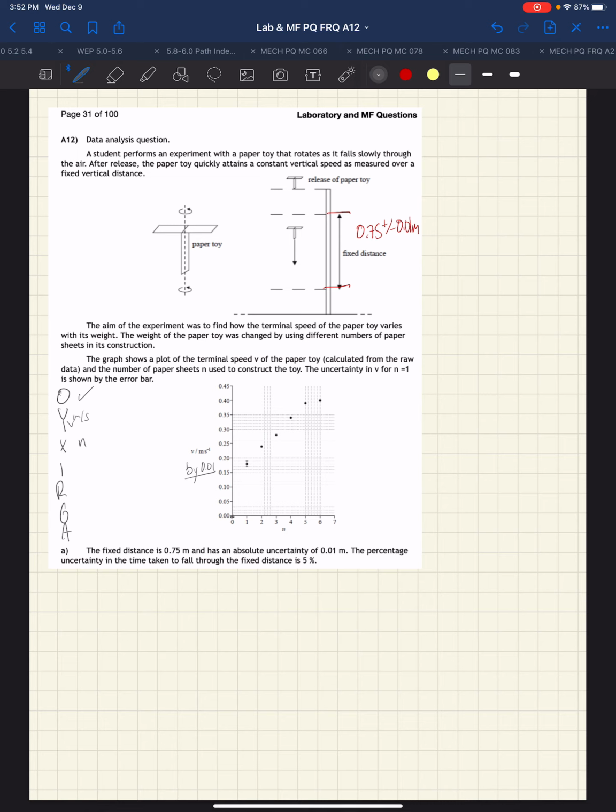The intercepts, if we were to draw a best fit line through these points, we might have a y-intercept of about 0.13 meters per second. And that is when n is 0. That means no paper will have a terminal velocity of 0.13 meters per second, which makes no sense at all.